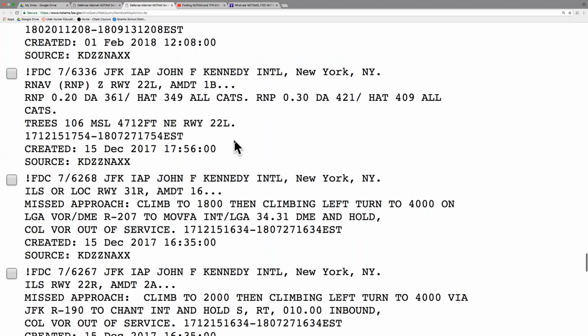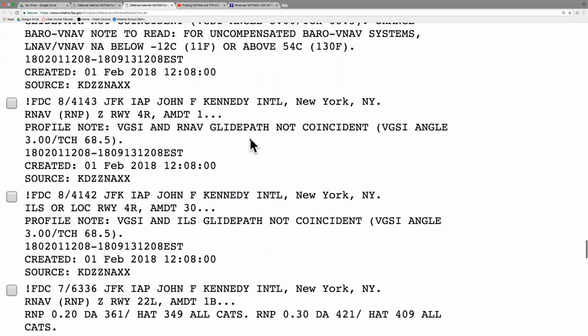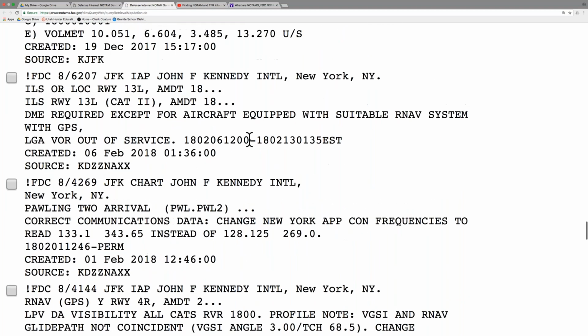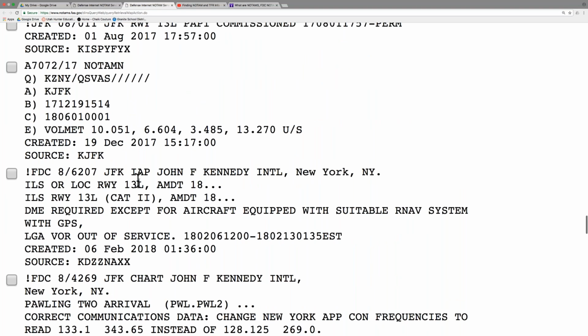This is the 18th amendment to that route, the one that you were reading. So it's telling us that we've changed this ILS 18 times. Okay, so amendment is basically just saying how many times we've changed it. Yeah. Okay.